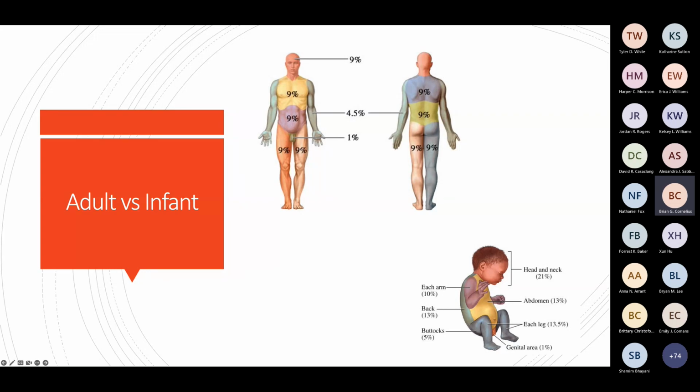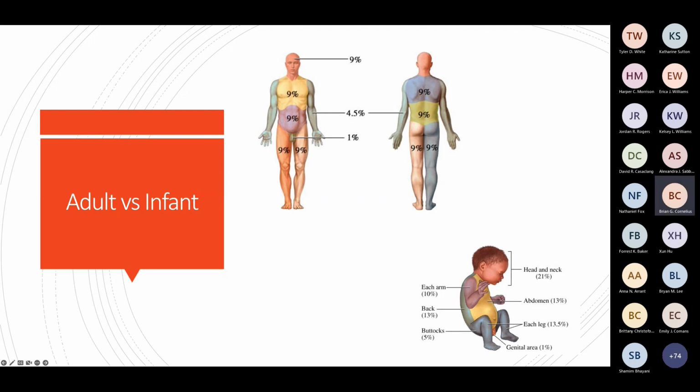To accommodate that shift, you have a little bit of increase in the arms, being 10% each. The back and abdomen actually dropped down because they were 18% on the adult, whereas the pediatric patient, they're only 13%. And then legs are a lower percentage as well because they're not quite as large. They still have the critical 1% though.